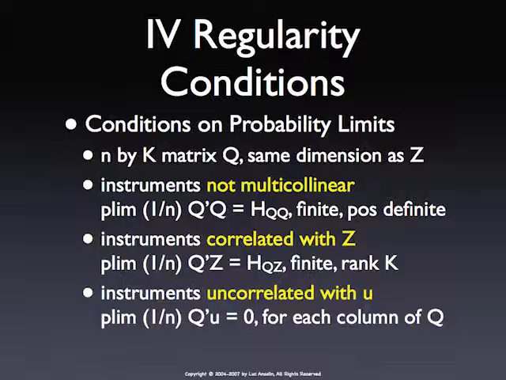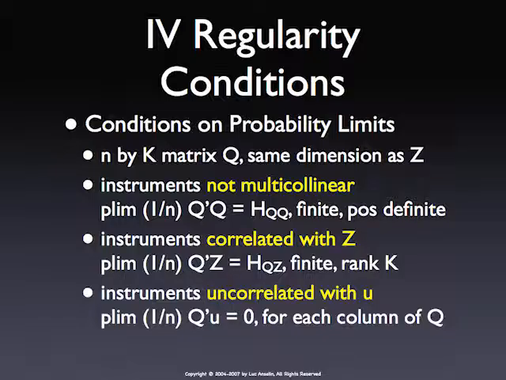First of all, we don't want multicollinearity introduced in the instrument matrix. Formally this means, and remember all this stuff is in the limit, that the probability limit, you'll see this part each time, means we're going to the limit. We're thinking conceptually of a very large data set. This 1 over n means there's some averaging, because these are huge matrices.